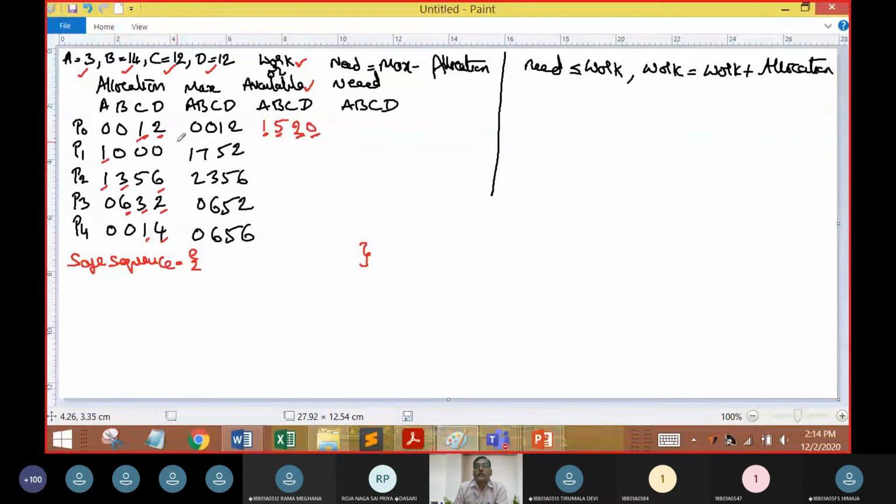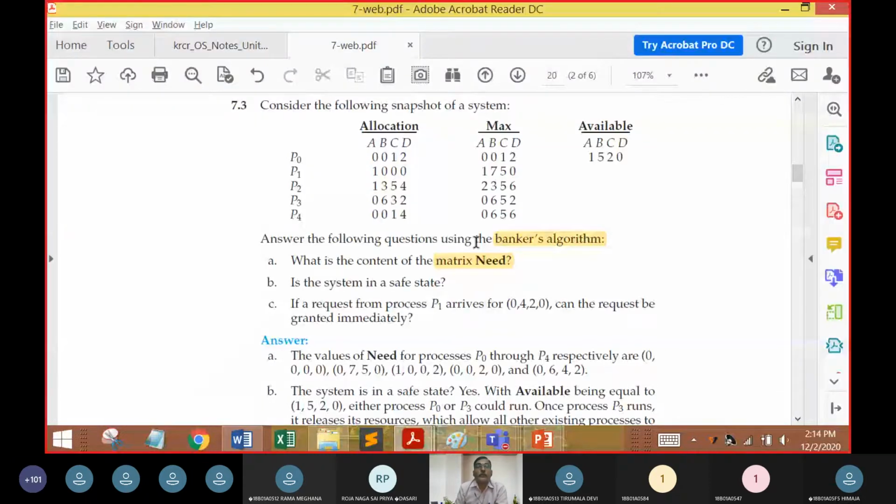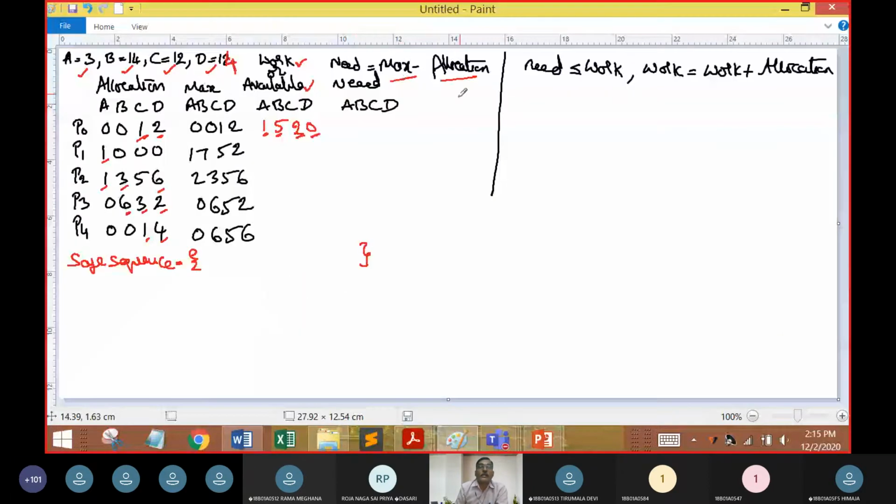Okay. Now let us compute the need matrix. What is the content of the need matrix? So how am I going to compute the need matrix? The formula was maximum minus allocation. So need of P0: what is the maximum of P0? 0012.